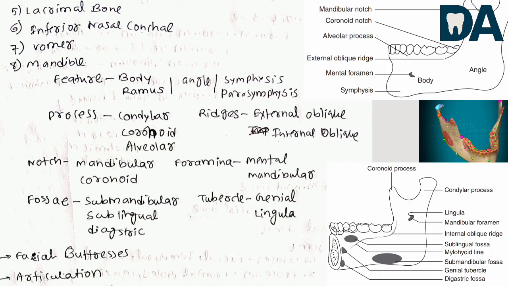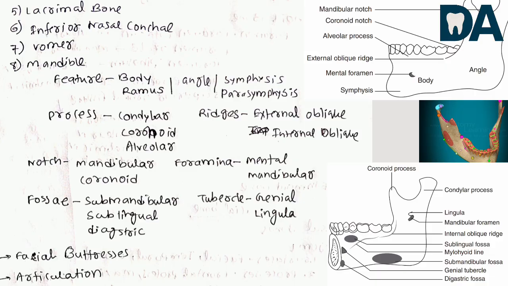Process. There are three processes: condylar process, coronoid process, and alveolar process. Condylar process. Rounded projection from the upper border of the ramus which articulates with the temporal bone to form the temporomandibular joint.